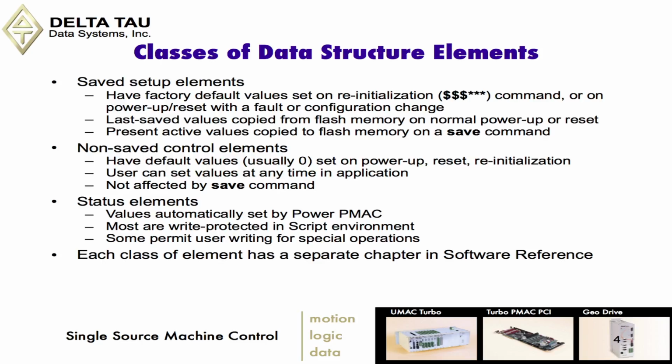And so all of the factory default values, remember when we had the help up earlier, we saw that there's a default value. When we talk about the factory default value, you'll find that in the software reference manual under the listing for each of these structure elements, also in the help.